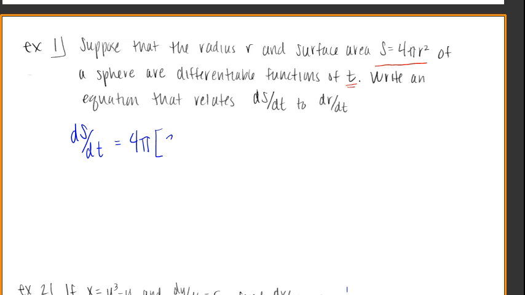It's going to be 2r to the first, and then dr dt. So altogether, we'll have ds dt is equal to 8 pi r dr dt. And right there is an equation that relates ds dt to dr dt. So the change in the surface area with respect to time is going to equal 8 pi r times the change in the radius with respect to time.